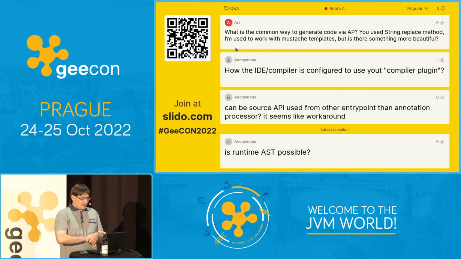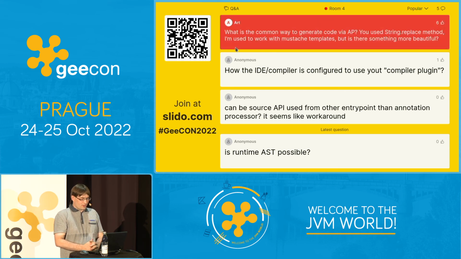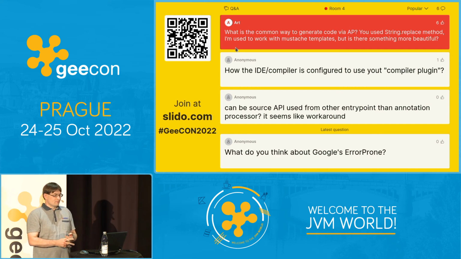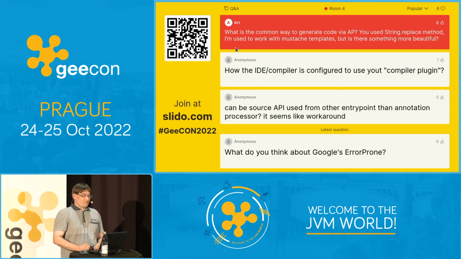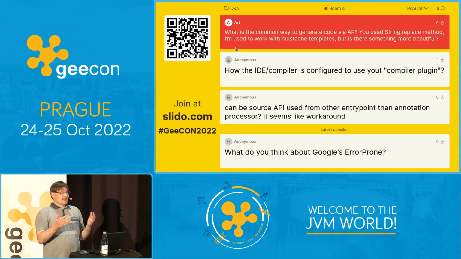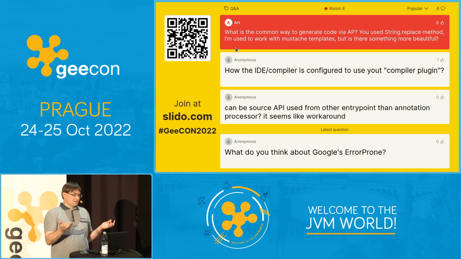So let's try. What's the common way to generate code via annotation processing? You use string replace method. To be honest, what you need for the Filer API is basically a string or bytes.